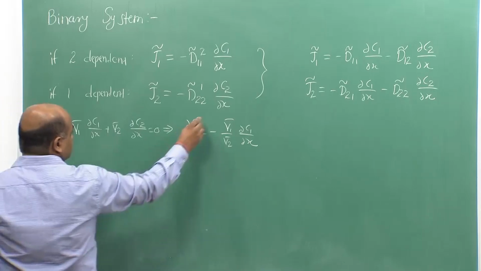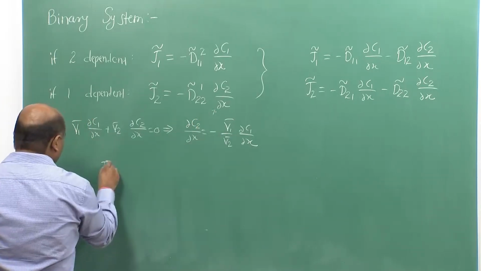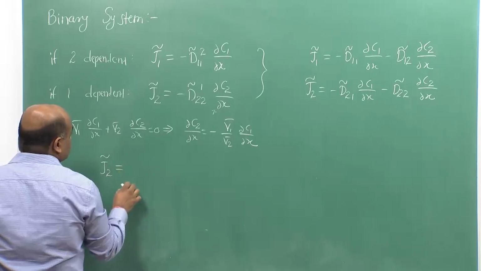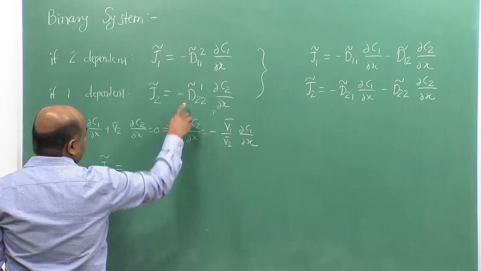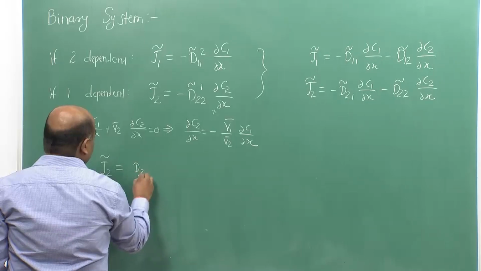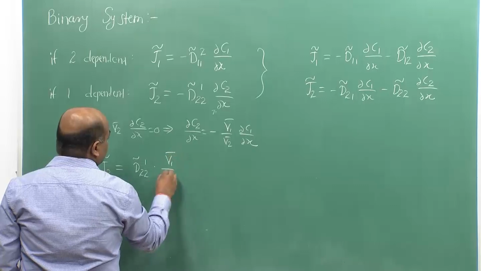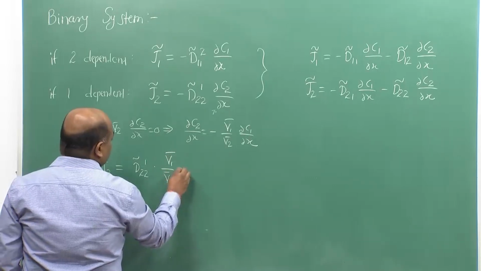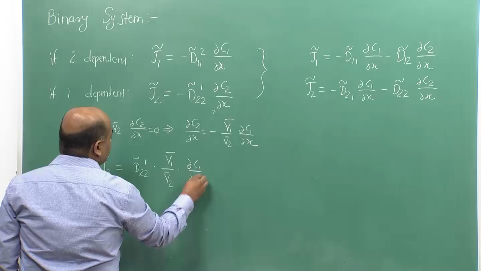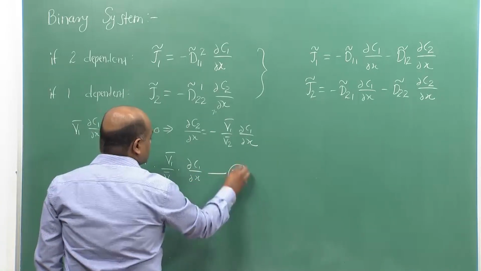So, if we substitute in the equation for J2 tilde, we should get negative negative positive, D22 tilde 1 times V1 bar over V2 bar times dou C1 by dou x. Let us call this equation 1.